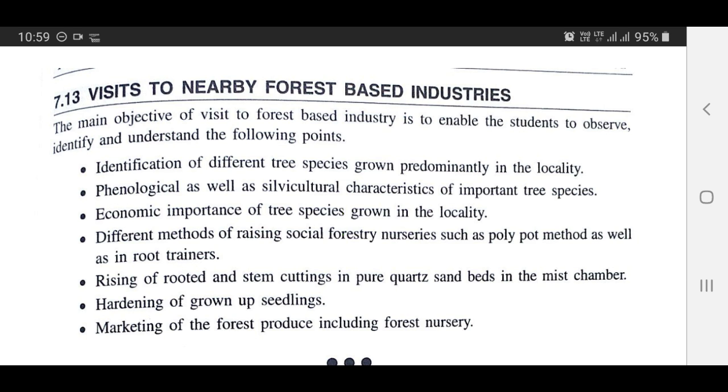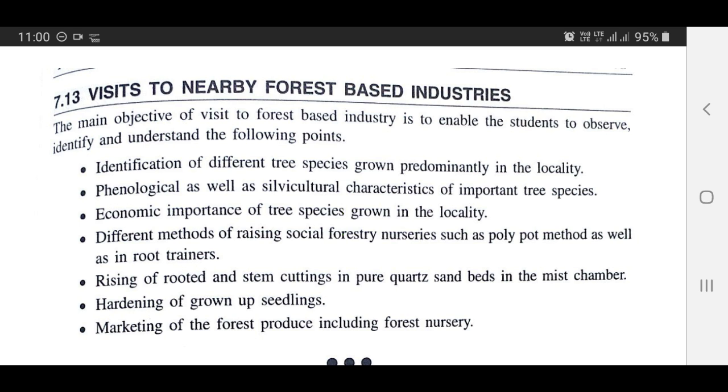Marketing of the forest products produced, including forest nurseries. There are so many forest based products, that is gums, resins, fruits, medicines, bark, resins and other fuel wood as well as fine wood. These are the products of forests generally used for selling purposes to the public or to the government, as well as nursery raised plants may also be used for selling purposes.